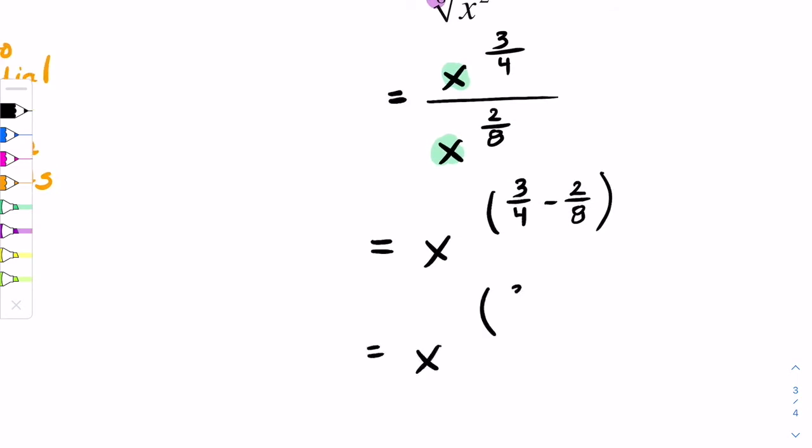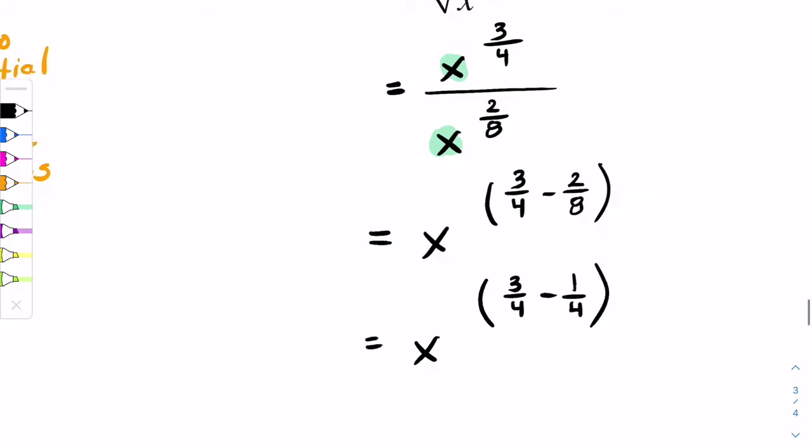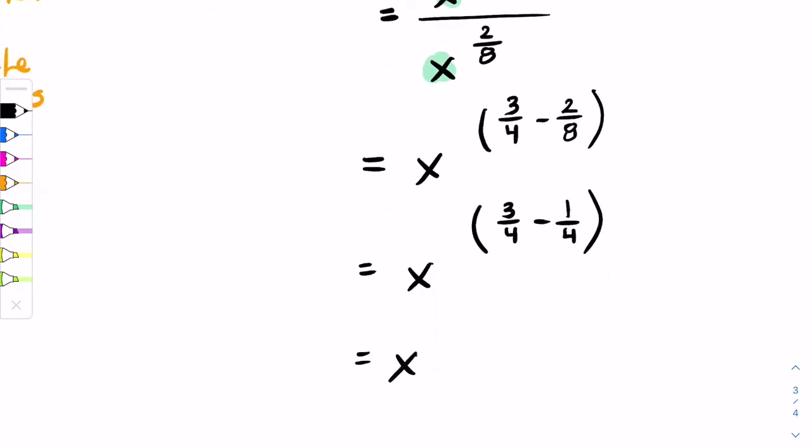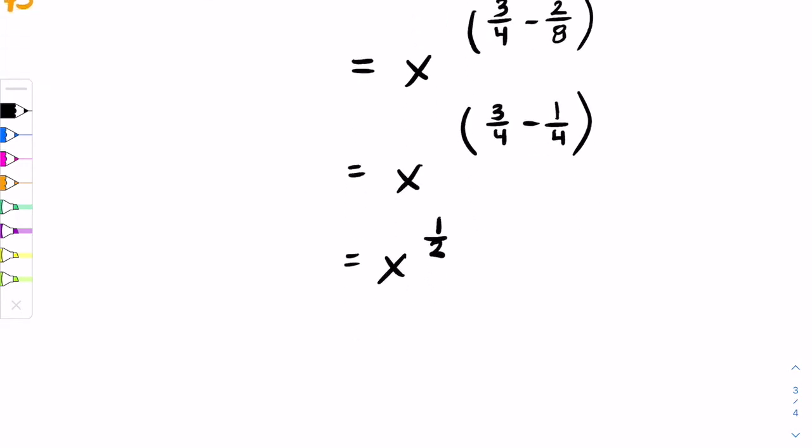So I have x to the power of 3 over 4 minus 1 over 4. This is x to the power of 1/2. That's in exponential form. Convert that to radical form. We have the square root of x.